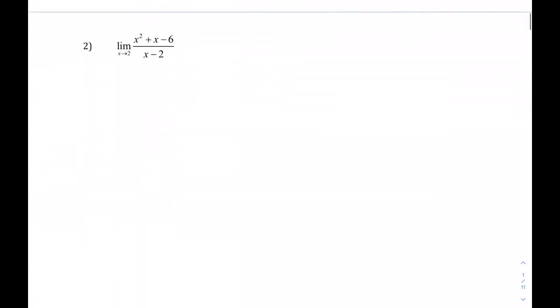So for question number 2, we're asked to find this limit. We're trying to find the limit as x approaches 2 of x squared plus x minus 6 divided by x minus 2.